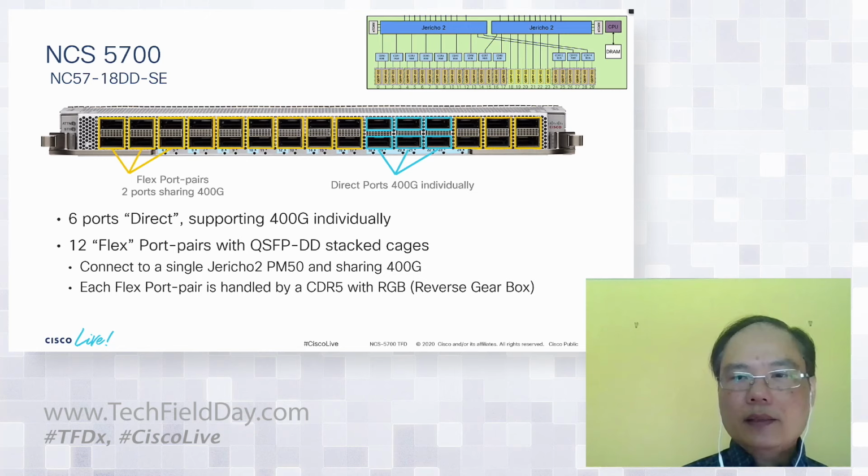Each port pair is handled by a CDR5 with RGB or reverse gearbox functionality. This CDR allows a more flexible combination of 400 gig and lower speed optics and breakout options.